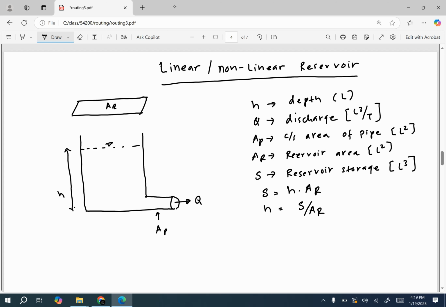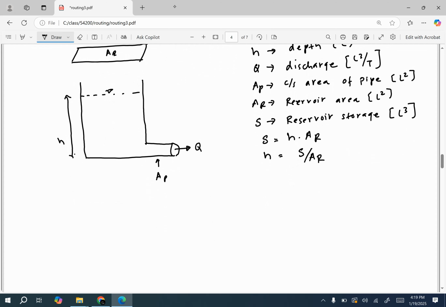Then we can write an expression for the discharge, which is the area of the pipe times the velocity of flow.